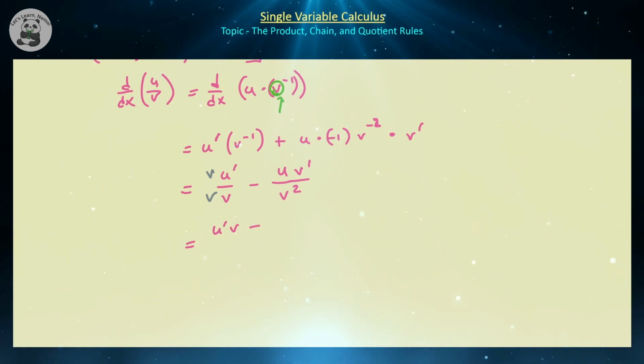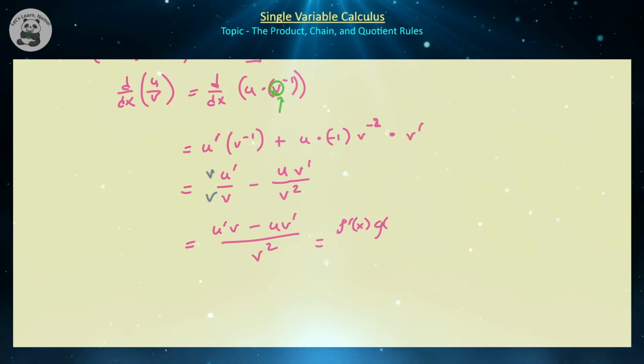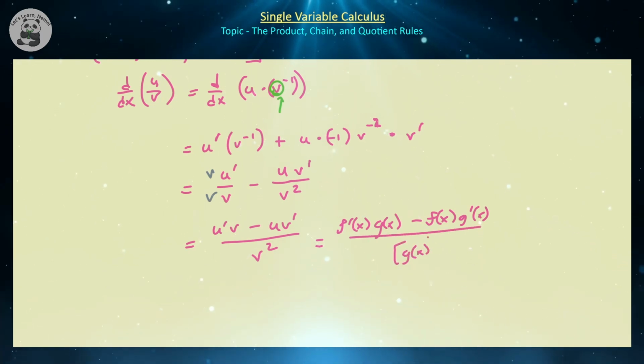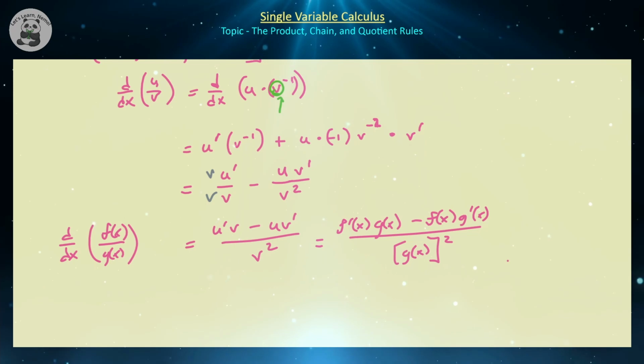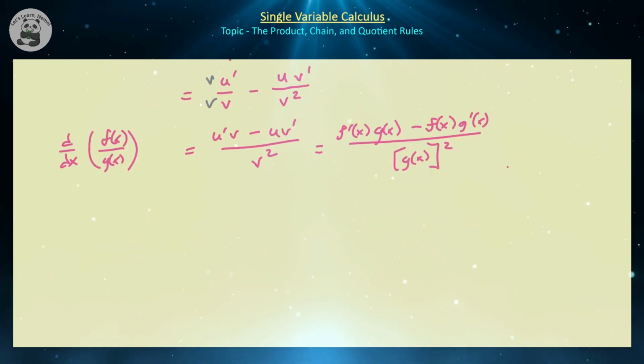So u prime v minus u v prime all over v squared, which is obviously the same thing as f prime of x g of x minus f of x g prime of x all over g, the quantity squared, which is obviously the derivative of u over v. Right? So it's the bottom times the derivative of the top minus the top times the derivative of the bottom all over bottom squared.